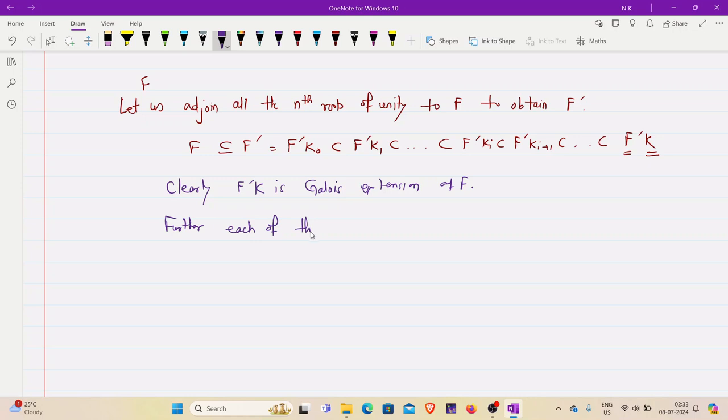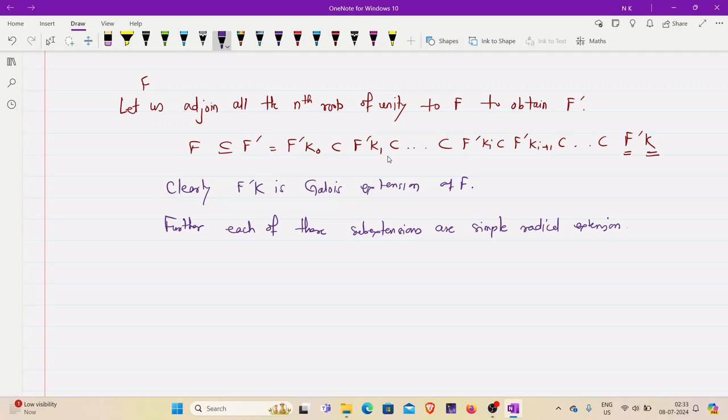So each of these sub-extensions is a simple radical extension, and this process is obtained by attaching the nth root of ai to each of the previous fields.